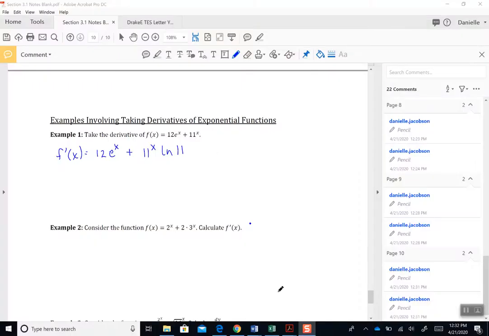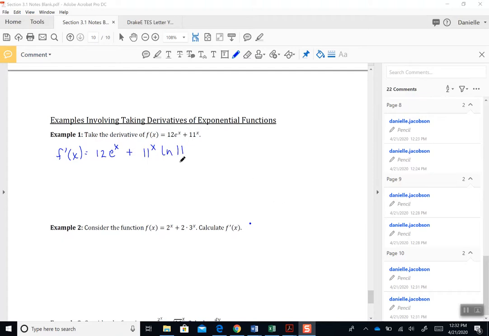You do not want to be constantly converting to decimals, because you get error in there. And if you're building a plane or a bridge or something with really complex parts, you model those with functions. If you have a bunch of decimals in there, not going to be good because you don't want rounding errors when you're trying to build something that specific. So get used to fractions. It's got to be something we're comfortable with. So natural log of 11, leave it.